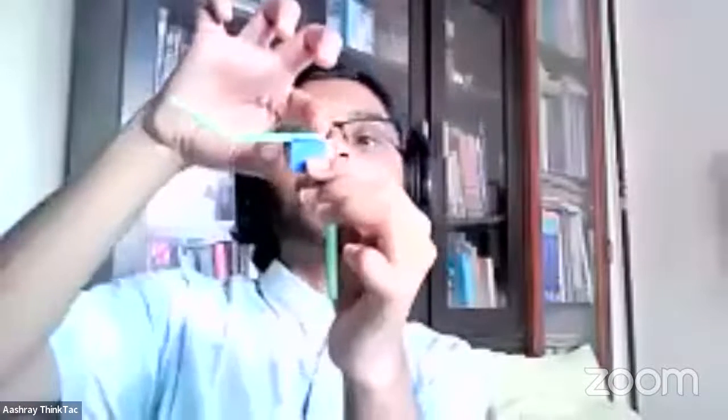But this part of the straw is straight. So whether this part of the straw is bent or not, the air has to come out from here only. So is it really not coming out straight? Just think about that. Because the place the air is coming out is straight. It's just bent here. So how is it that the air coming out of this point of the straw is not straight?